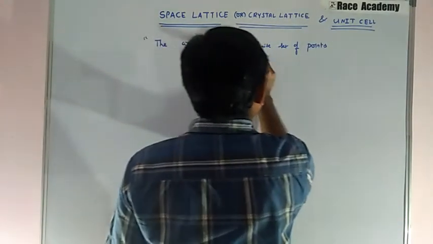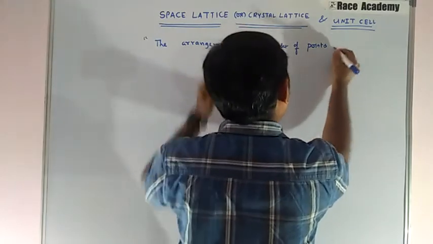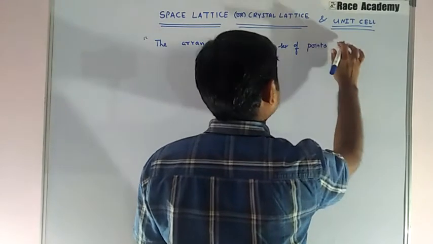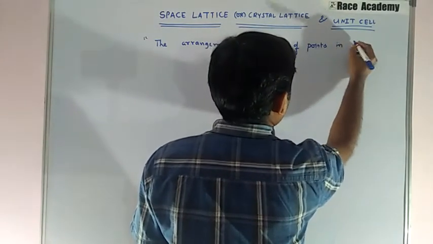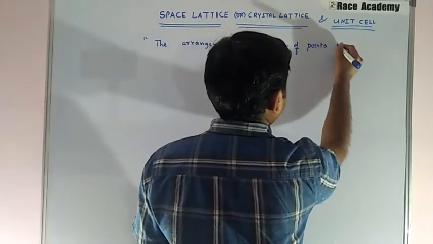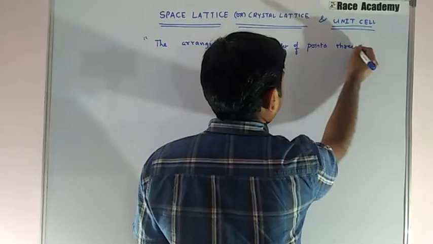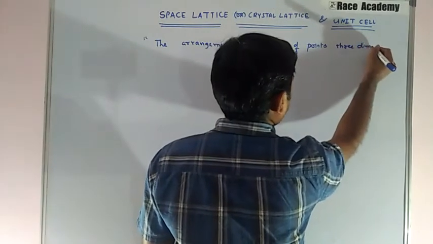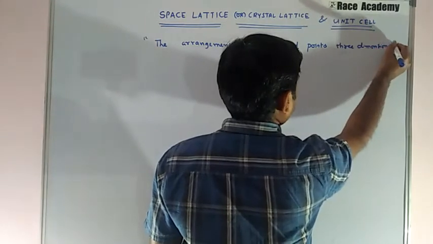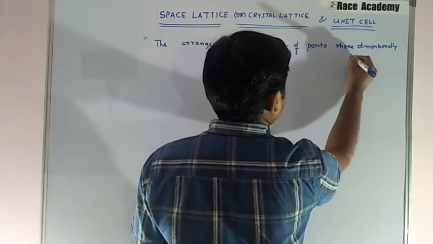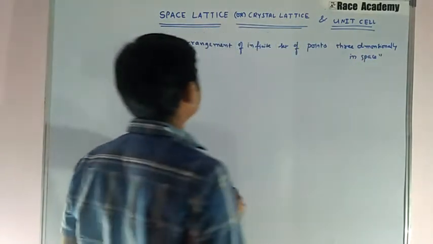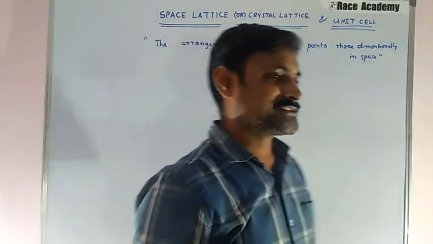So the arrangement of an infinite set of points three-dimensionally, points in space, is known as space lattice or crystal lattice.